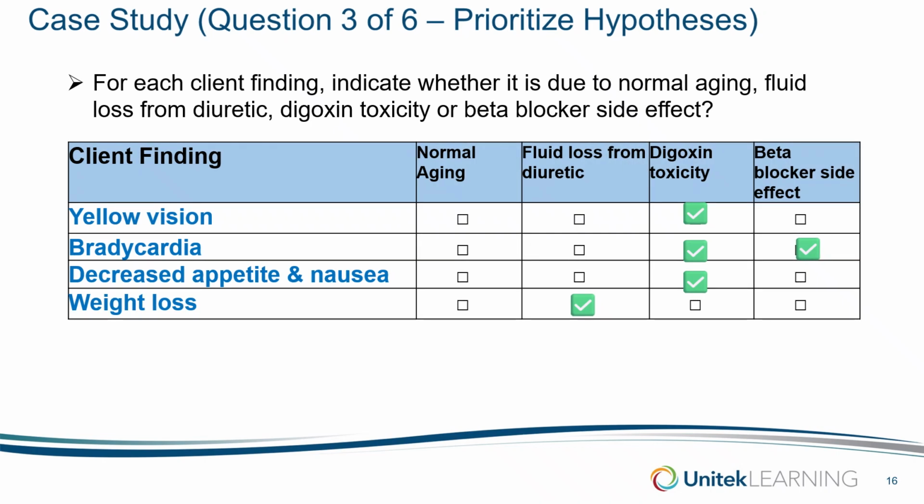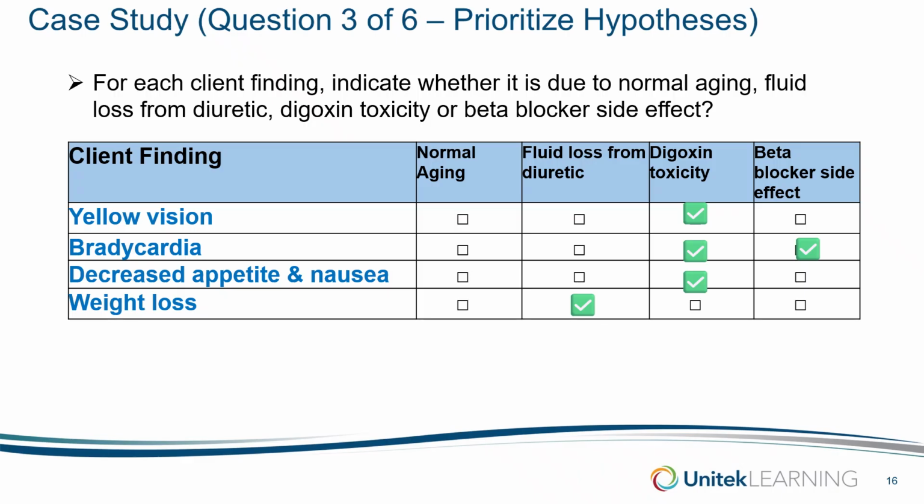Great job attempting to analyze the cues in this matrix grid question. Let's analyze it further. We need to look at what's going on and break it down. Which finding matches which cause? For example, there's dizziness and bradycardia here. They may be related to beta blocker or digoxin side effects.